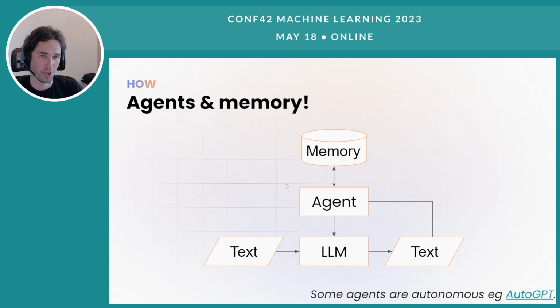And there's been this word floating around, agents. Sometimes the agents can be autonomous, and they feed the output text back into the large language model, and also use the large language model output to decide what the next action should be. Should I retrieve something from memory? Should I feed another new input to the model?